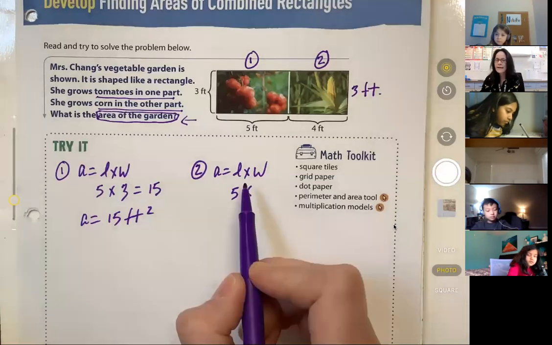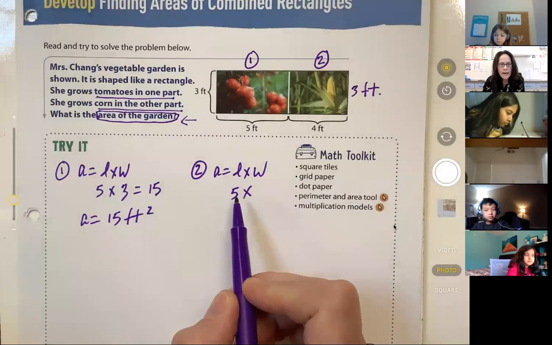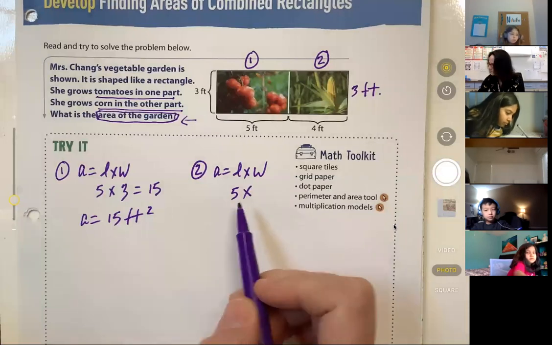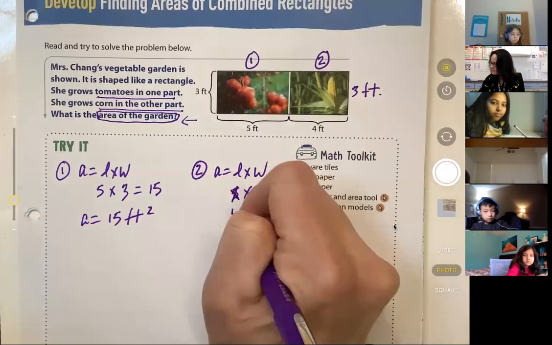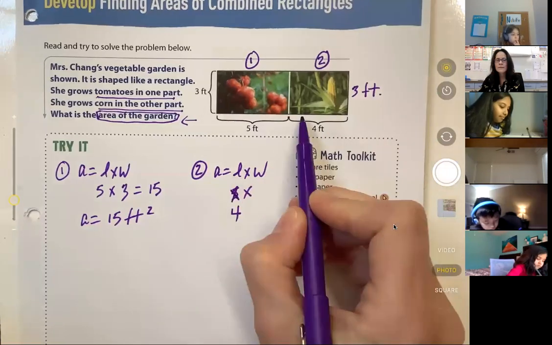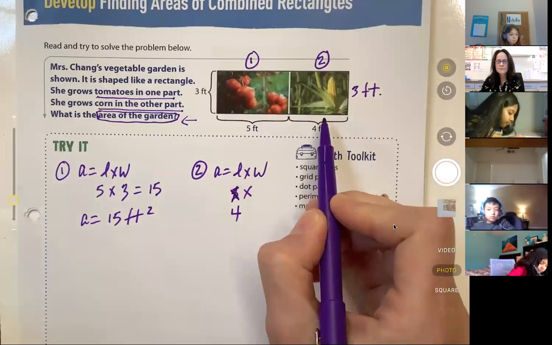So I can say again, area equals length times the width. I have, oh, I'm sorry. Oops. That's 4. The corn is 4 feet in length. My apologies. 4 feet in length.